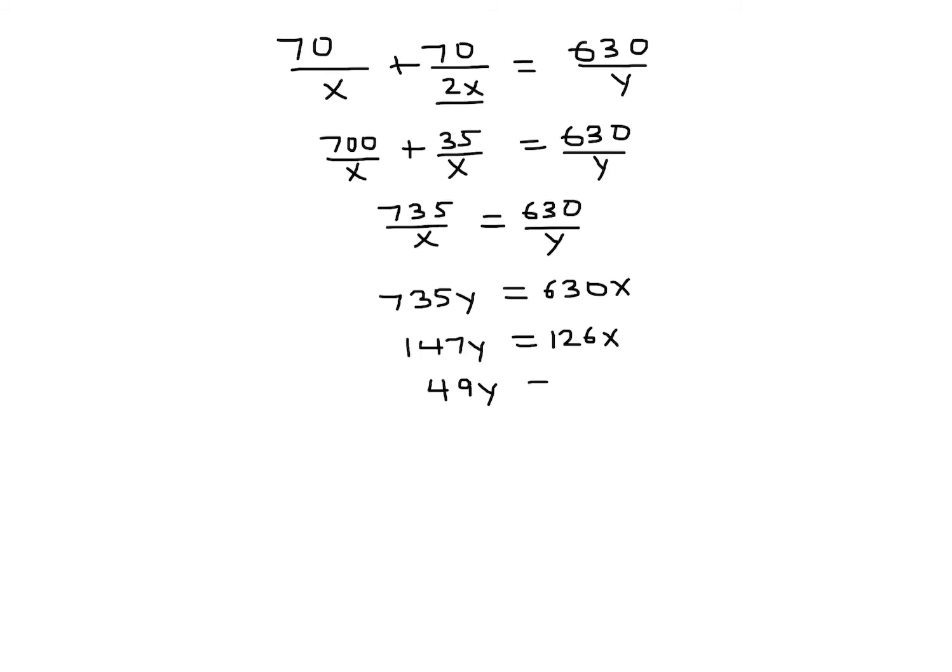This gives you 49 and 42. Oh, divide through by 7. There you go. 7y, 6x. There you go. 7y is equal to 6x.